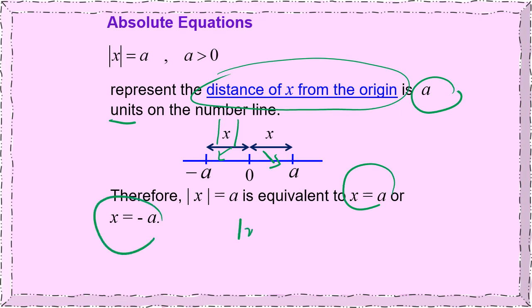So if we have absolute of a certain variable, then to eliminate the absolute notation, we can define it as x equal to a, or x can also be equal to negative a. We are talking about the distance only, the magnitude, not the direction.